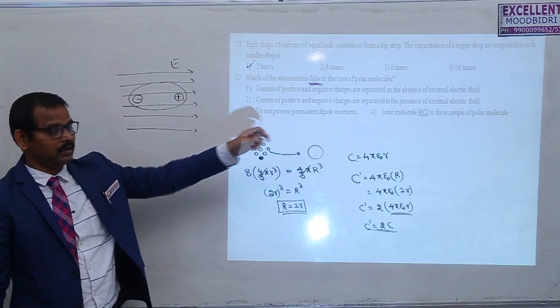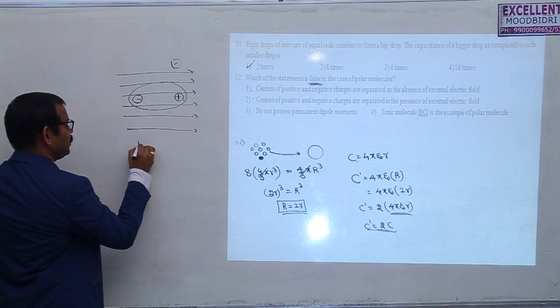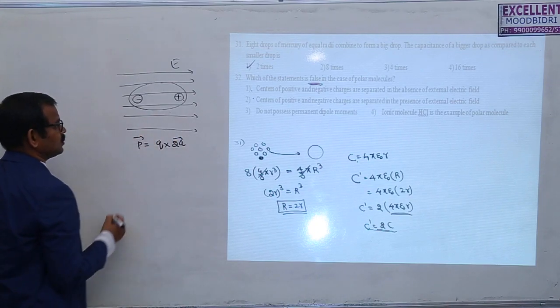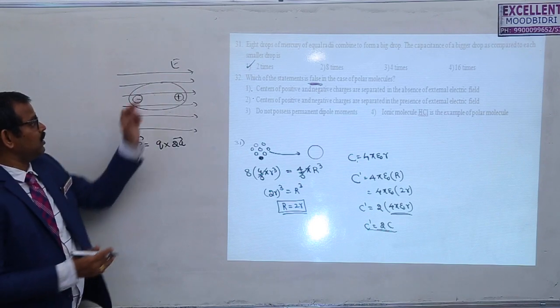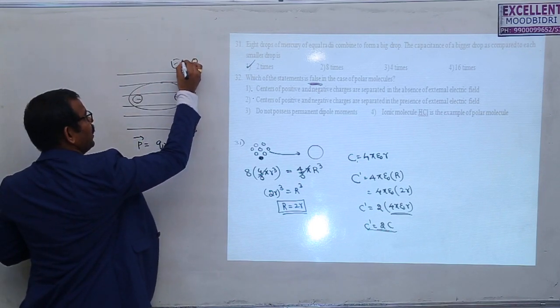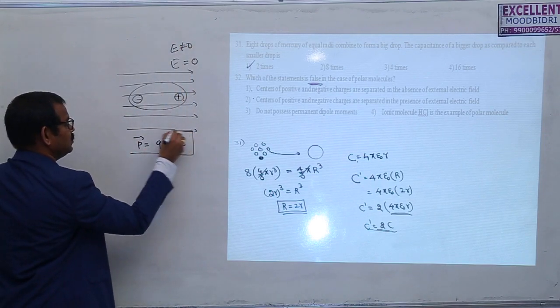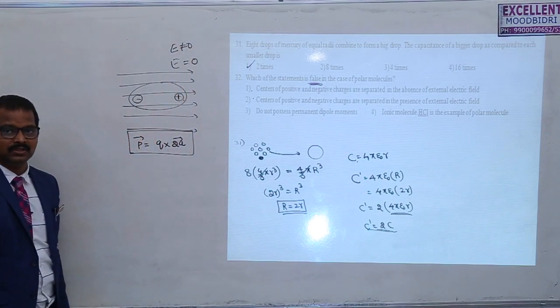Third one, do not possess permanent dipole moments. Dipole moment is given by one of the charges into the distance between the two charges. Whether the field is applied or not, in both cases this will not change. Dipole moment will not change.